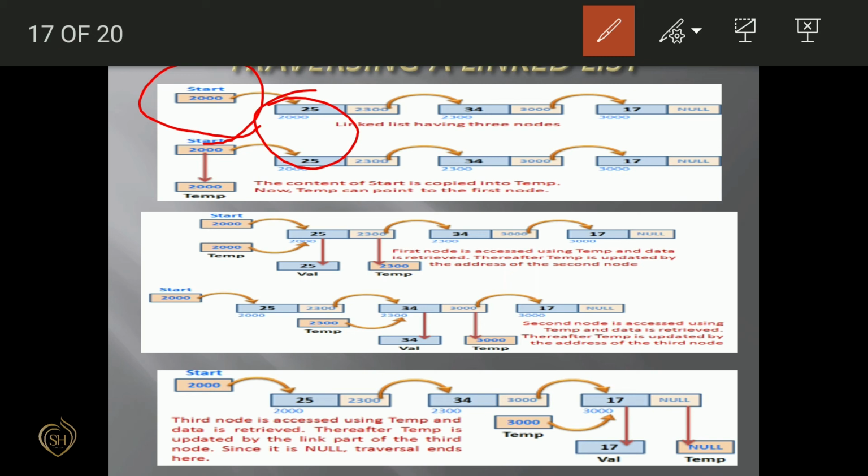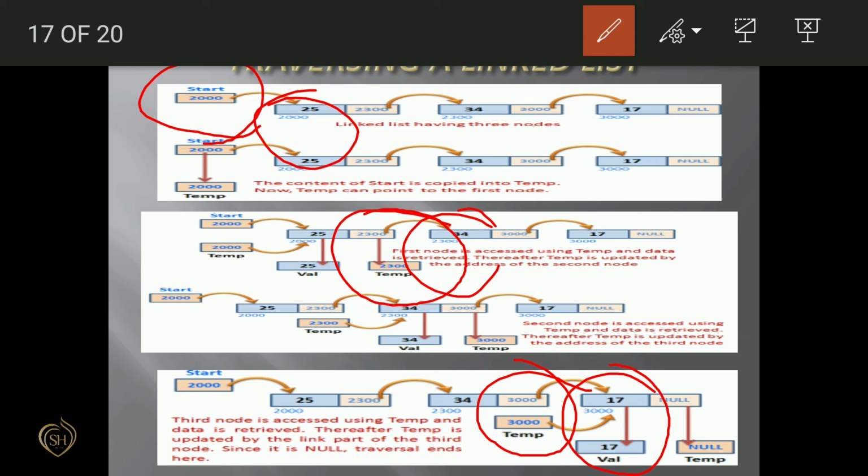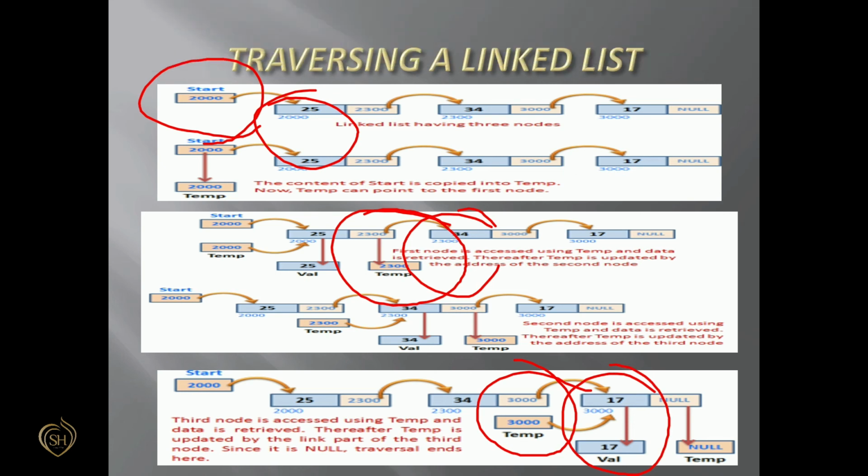Then the link part of the first node is accessed. From there we get the second node's value. Again the link part of the second node is accessed and we get the data of the next part. This is how we are moving to each part.